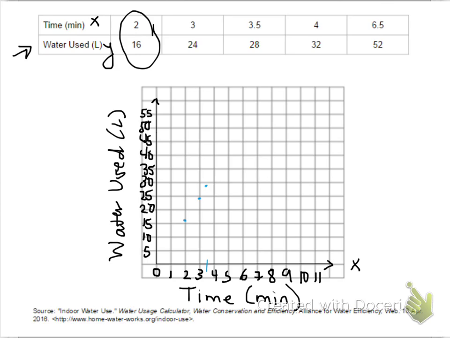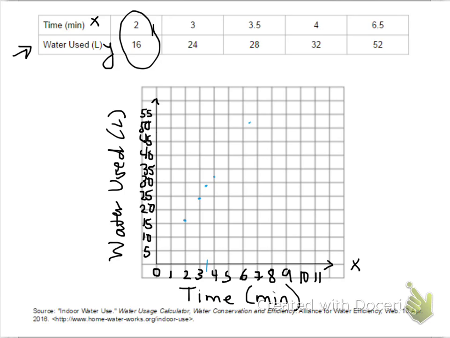Then I have 32 and 4, so 4 is down here, and 32 would be about right there. And our last one is 6 and 5/10 and 52. 6 and 5/10 and 52, so it would be about right here.